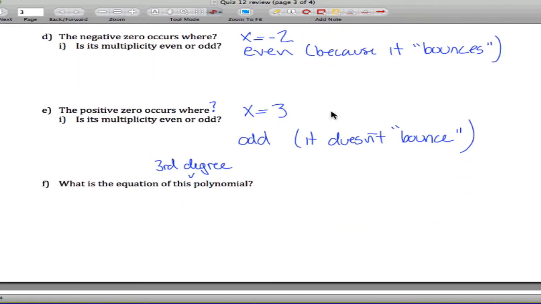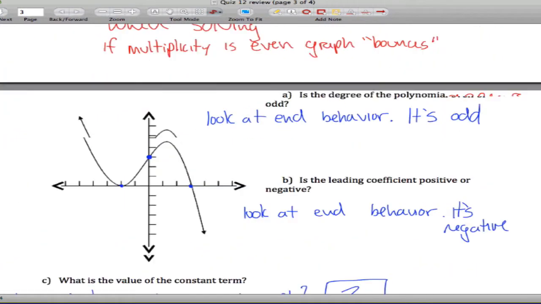The way we answer them is we say, all right, it had a 0 at -2. So what that means is x plus 2 must have been a factor of this polynomial. If I factored this polynomial all the way out, x plus 2 must have been one of the factors. The reason that's true is because the way I came up with this answer -2 is I set my polynomial equal to 0 and solve. We talked about that up here.